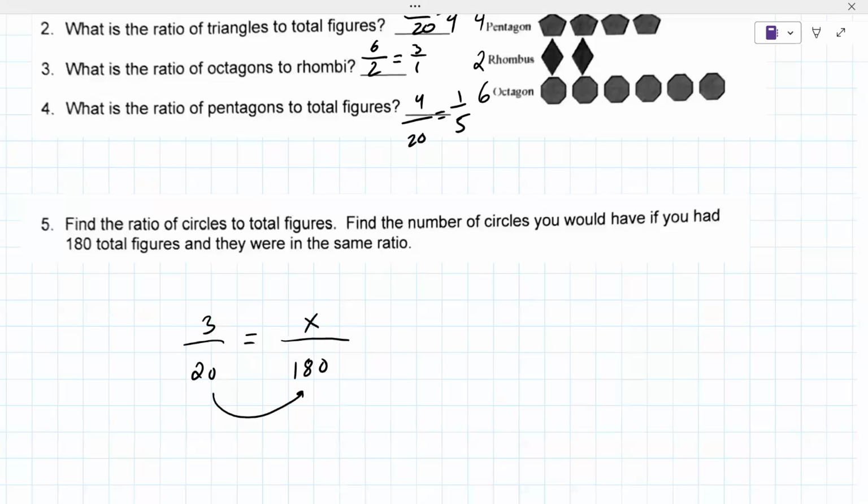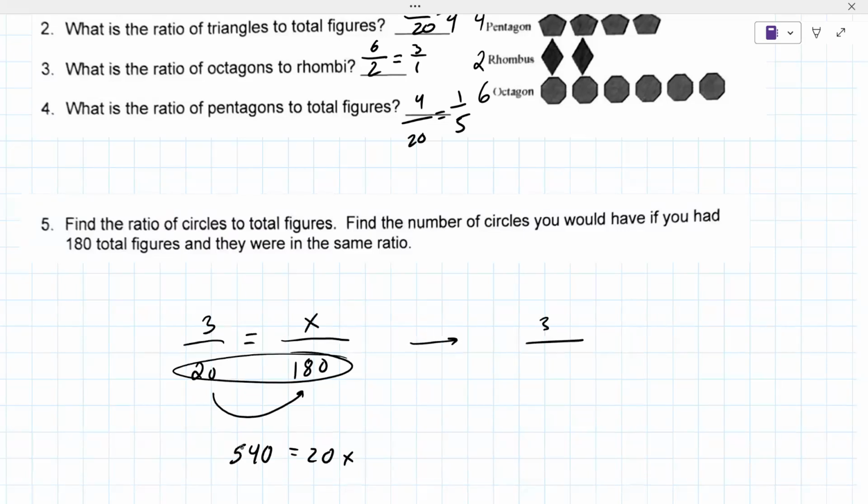So if it's 3 to 20, 20x equals 3 times 180. 180 plus 180 is 360, plus 180 is 540. I recommended pre-reducing horizontally here.